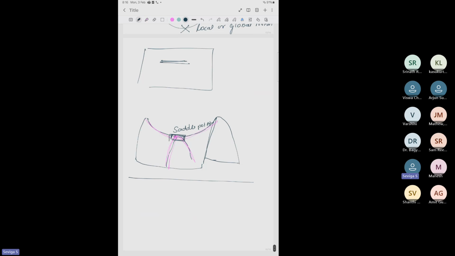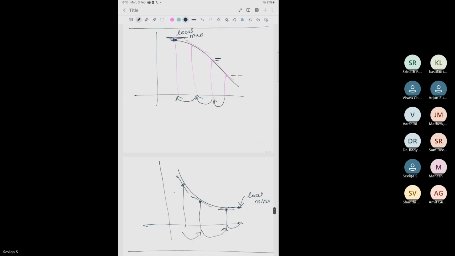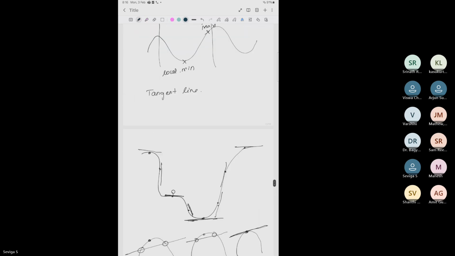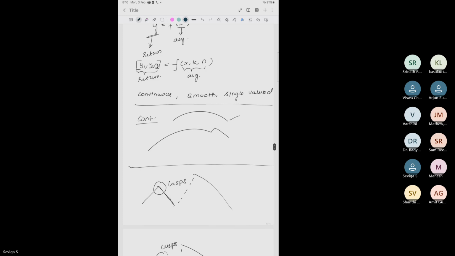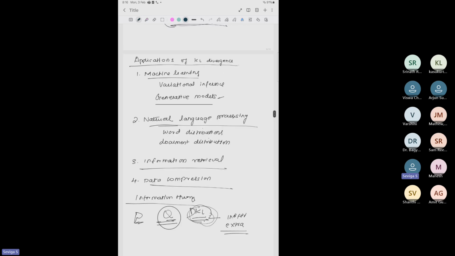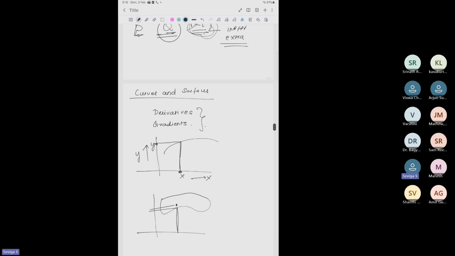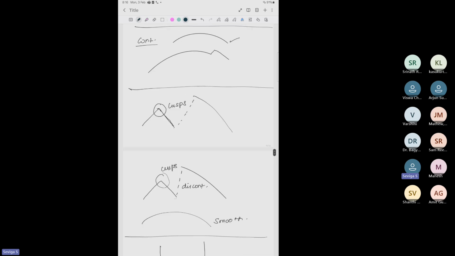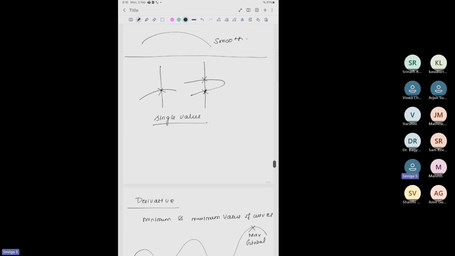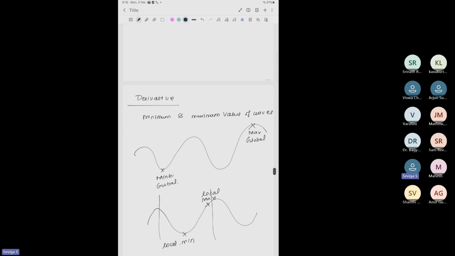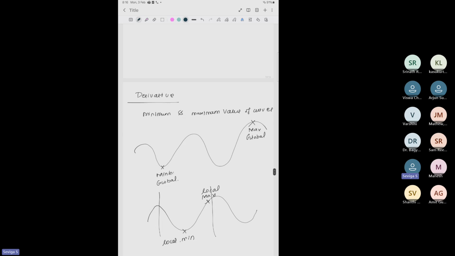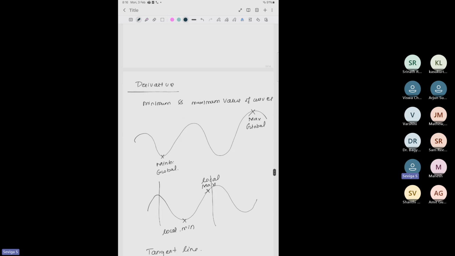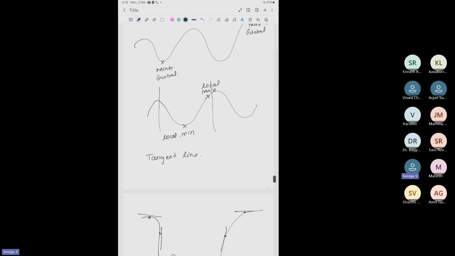Is it clear? So what we saw about the curve is that we wanted to study derivatives and gradients. We saw the definition of the curve, which is continuous, smooth, and single valued. And we saw what a derivative is. Derivative is helpful to find the local maxima or local minima or global maxima or global minima.